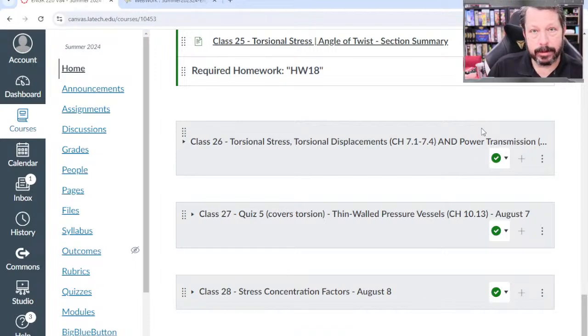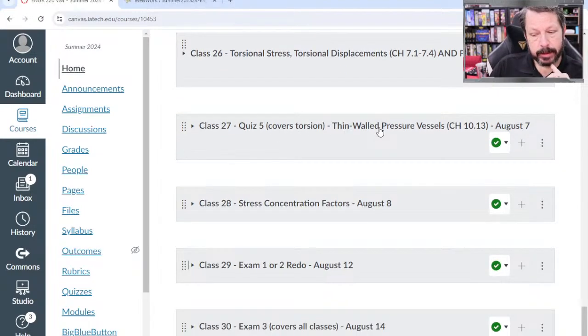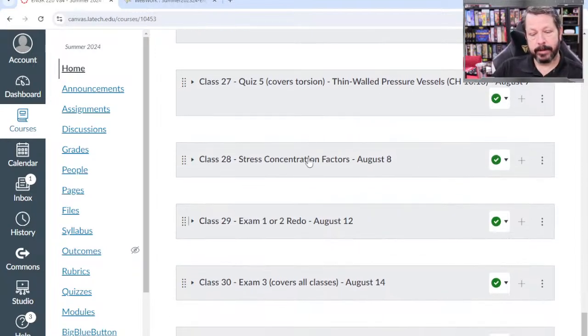Usually those shafts have a circular cross section, not all the time, but usually. We'll do that Monday. Wednesday, we'll do a one-shot topic, thin-walled pressure vessels. Then Thursday, we will do a one-shot on stress concentration factors, and we're done with new content anyway.